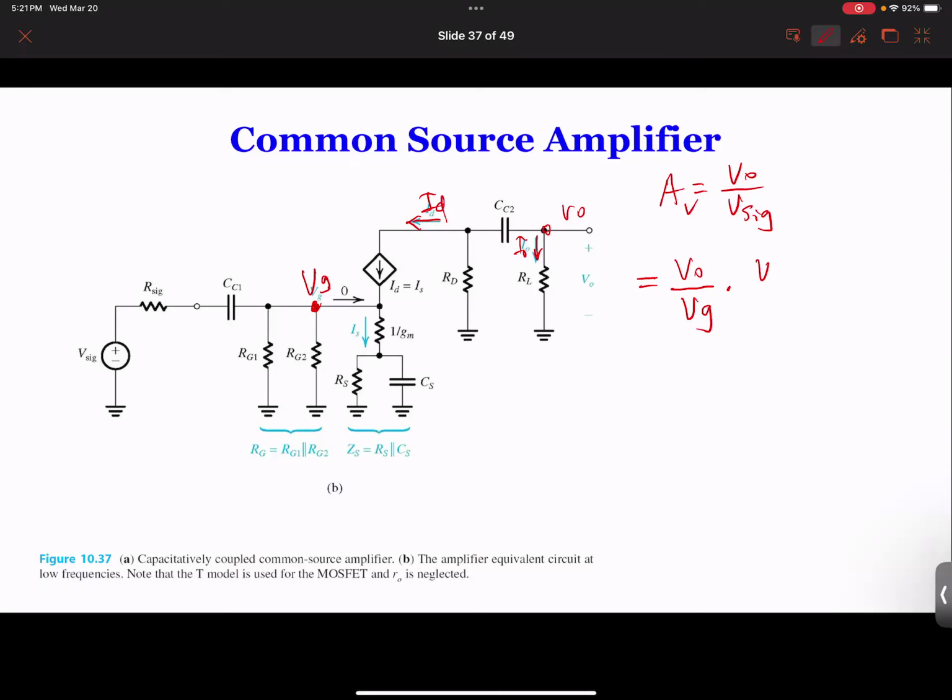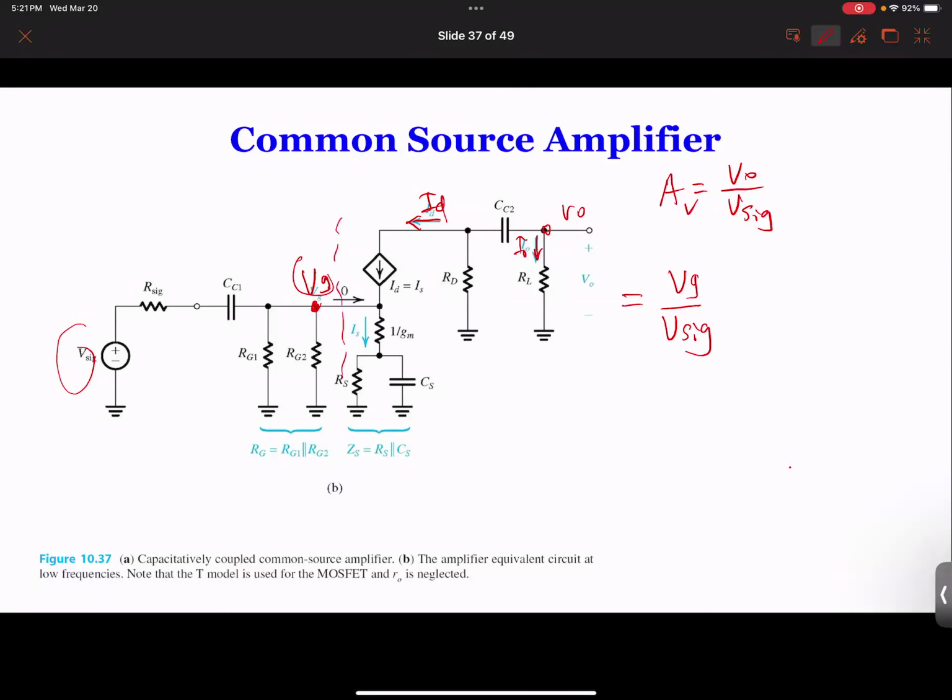So instead of VO over VSIG, we're going to put VO over... no, that's wrong, not VO over VG. Let me redo it this way. Let me get my notes here. What I meant is we're going to get VG over VSIG. Because VSIG is here and VG is here, we get this one.